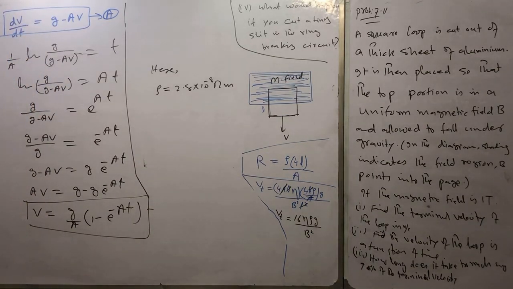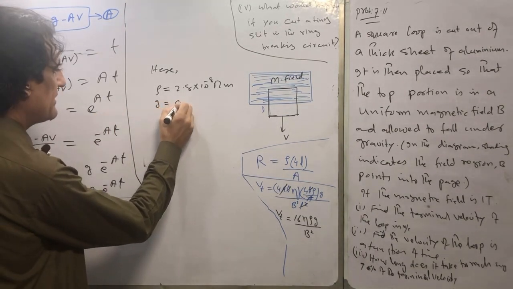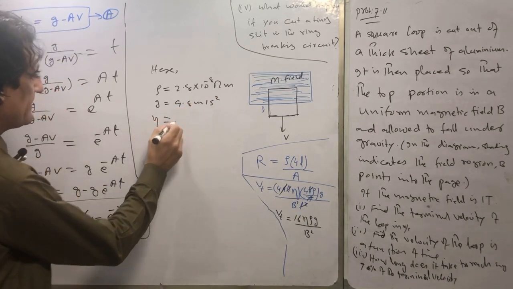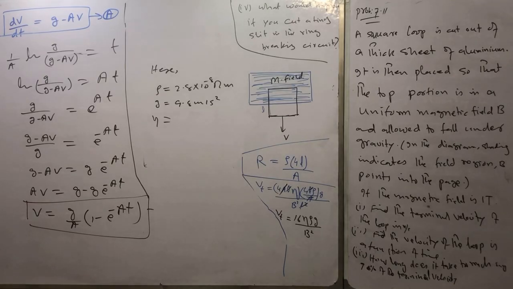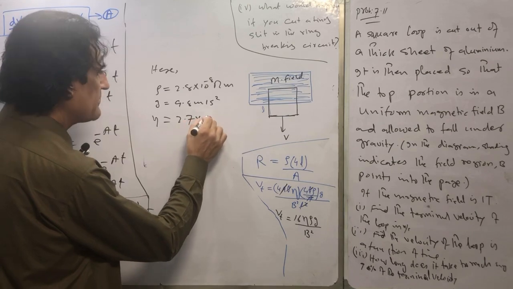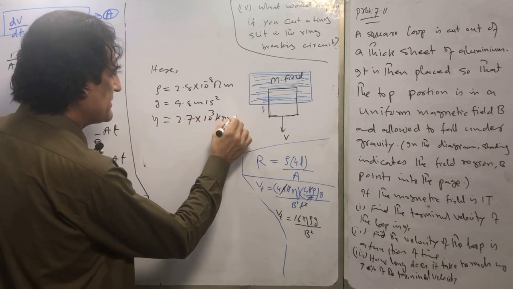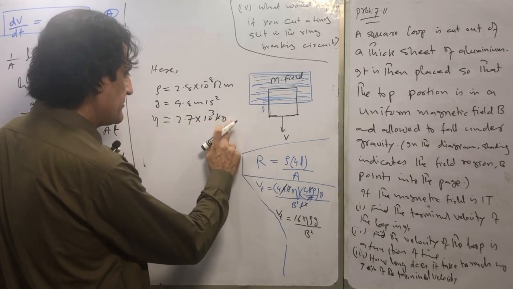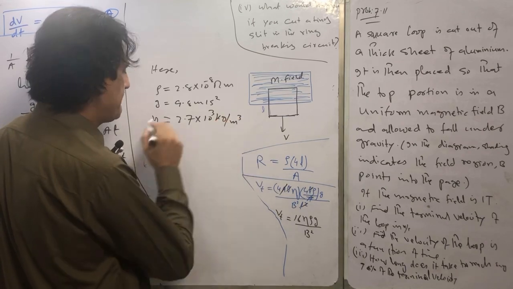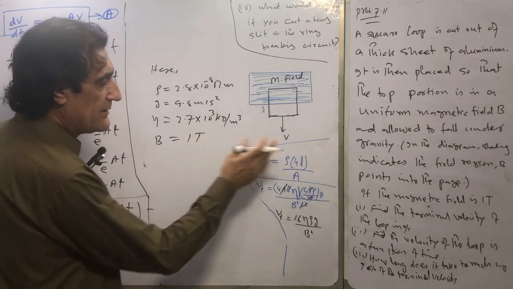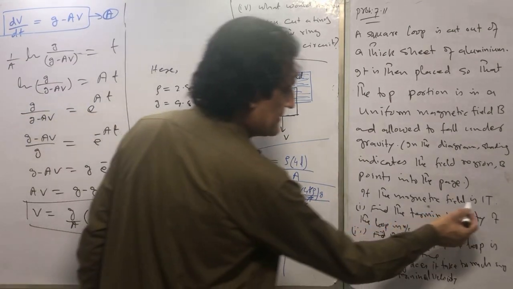And G, we know the value of G, 9.8 meter per second square. And what is eta? This is the density. And density for this system is 2.7 into 10 to the power 3 kg per meter cube. And B, already given, is 1 Tesla in the equation.